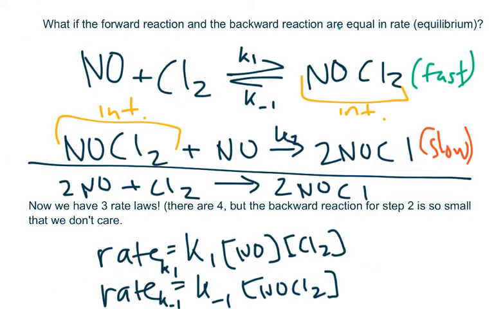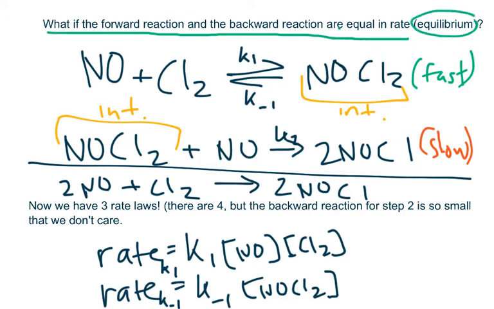Alright, now what if the forward reaction and the backward reaction are equal in rate? Or in other words, the reaction overall is in equilibrium. So the first elementary step is the equilibrium reaction, and the second step is just a forward reaction.